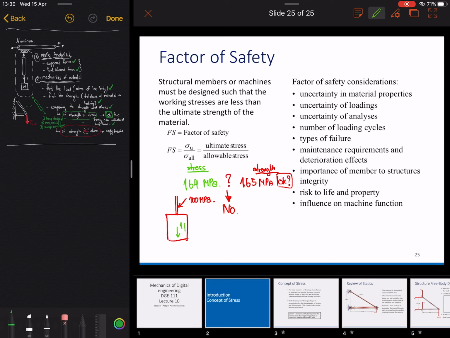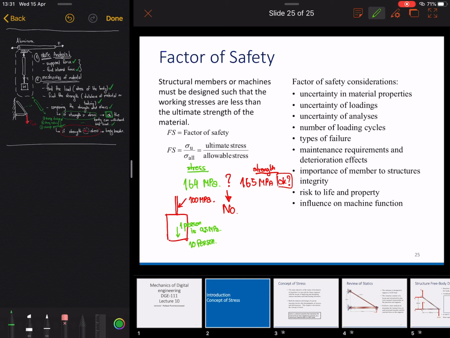One person is, no, I say one person is 9.5 megapascal, and then I allow 10%.